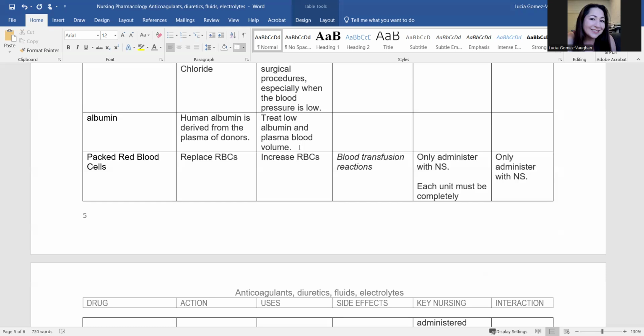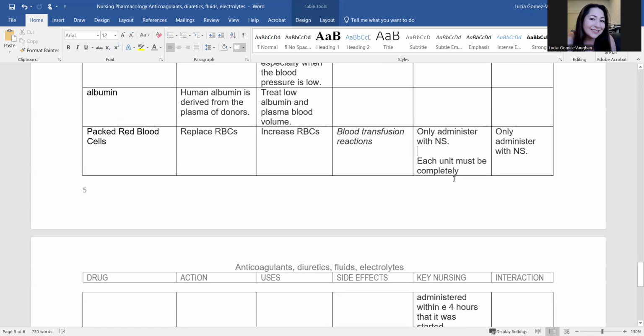Packed red blood cells. This is to replace red blood cells, and it increases red blood cells. Your interactions are blood transfusion reactions. There can be several. We'll go more into depth in level 3 when we do our blood administration skill. Things that you need to know for sure for now: it's packed red blood cells, it comes from donor cells, and you only administer it with normal saline.